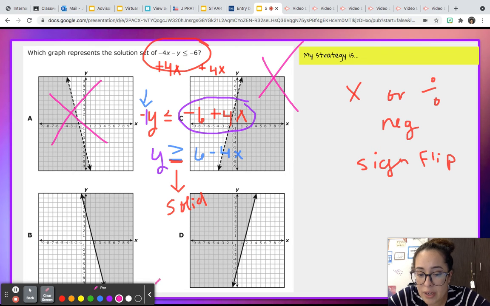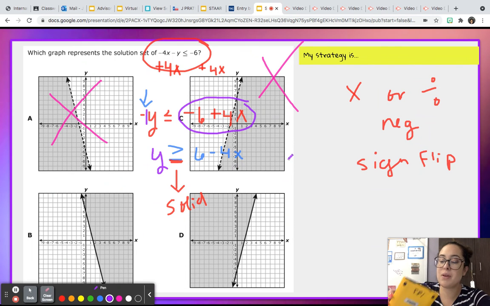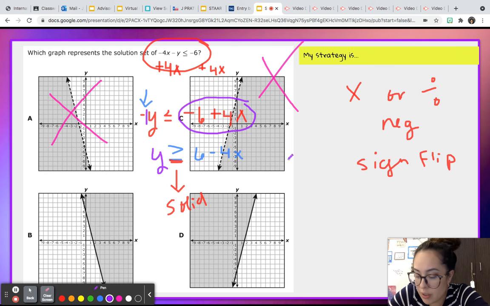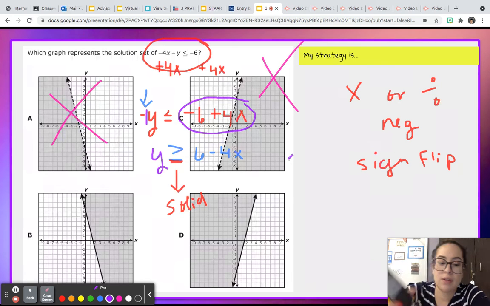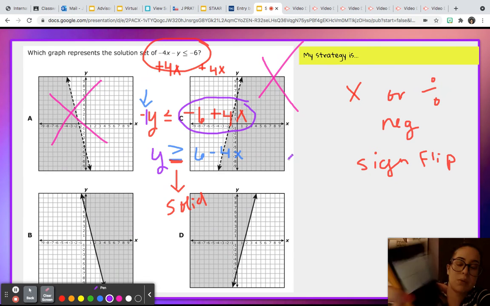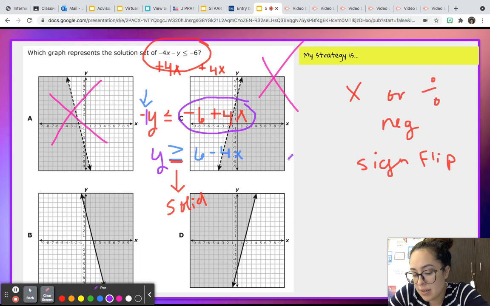Now next, what I have to understand is that I have a negative slope. This is where maybe your calculator could help you. So let me go into a new graph. I'm going to graph it as if it were an equation. Y is equal to, I'm going to put right here 6 minus 4x.